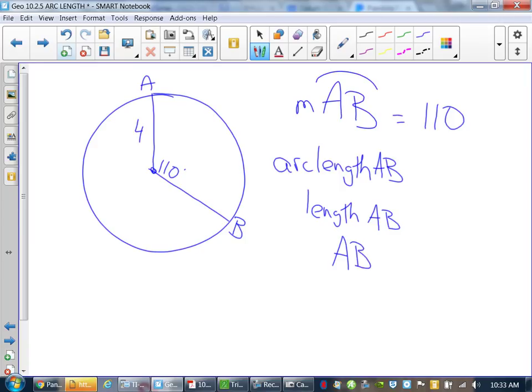Remember, in this type of situation, it's usually going to say arc length or length. Very rarely will it just say AB, but I have seen it from time to time on weird worksheets. But this whole idea of arc length is it's a portion of the circumference. So there's a formula in order for us to make this work.